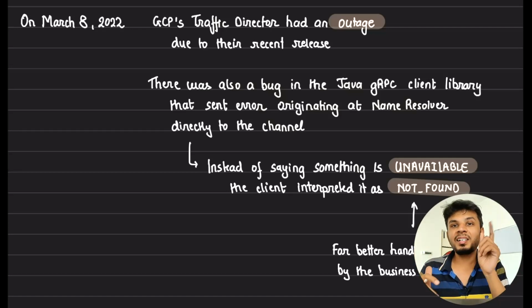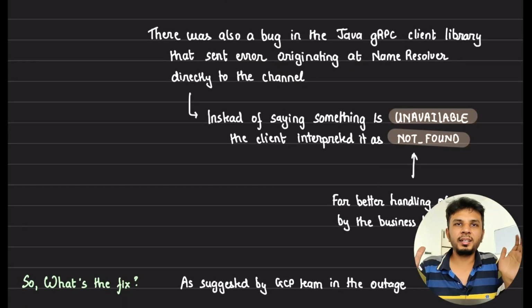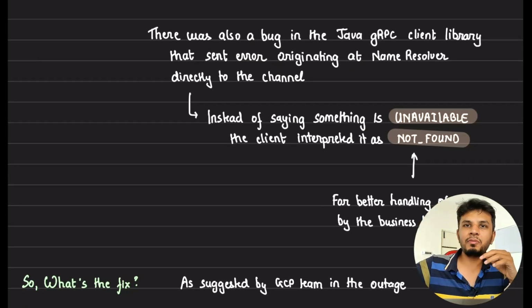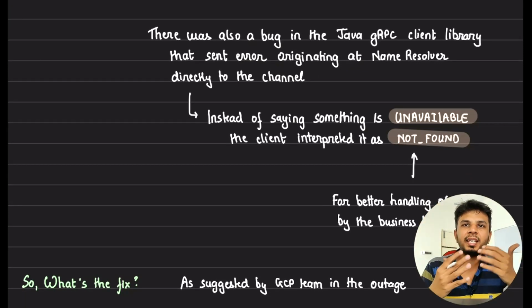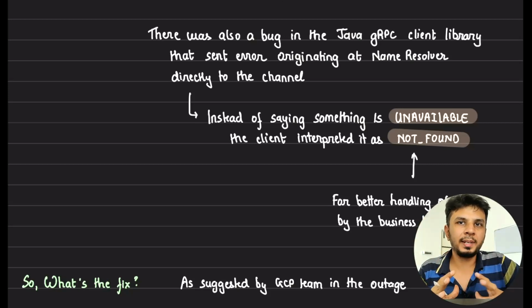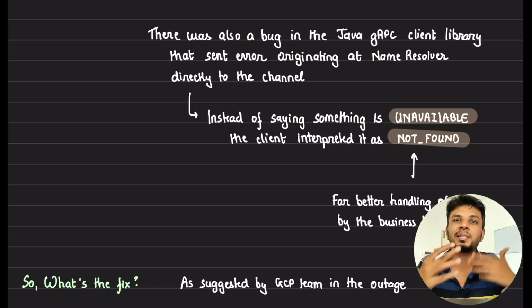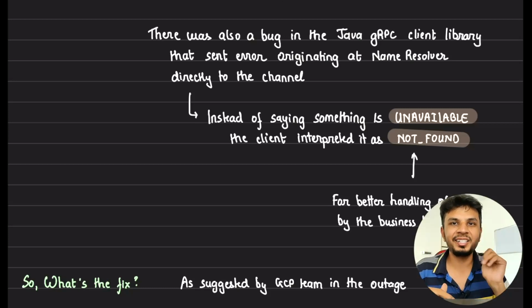Java's gRPC library did not do that for this error. When the name resolver failed, instead of saying it is an error from the name resolver and that it is unavailable at the moment, it sent a generic error saying not found, because the error was not explicit enough. We'll go through the source code on what exactly changed there.